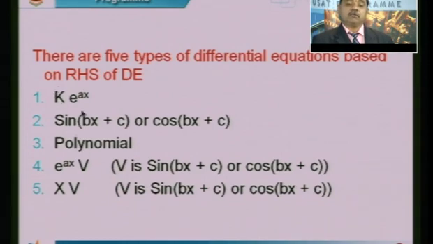So very important is type 1 k e power ax, type 2 sin bx or cos bx plus c, type 3 polynomial. These 3 are the most important types. Fourth and fifth, by specific substitution it will come back to the first 3 types.